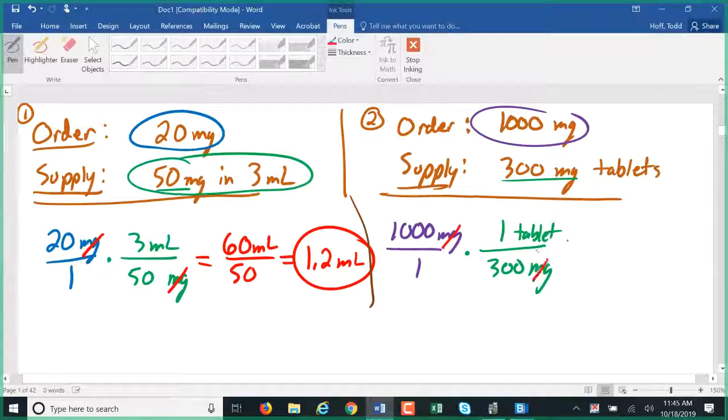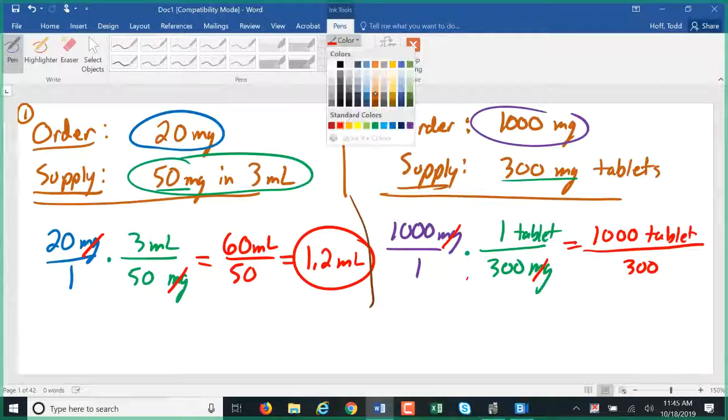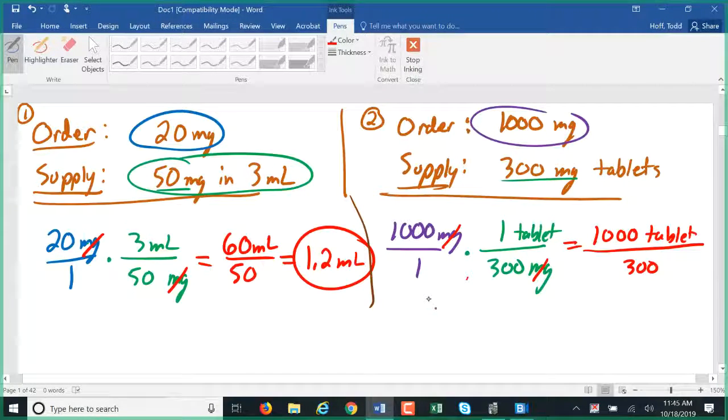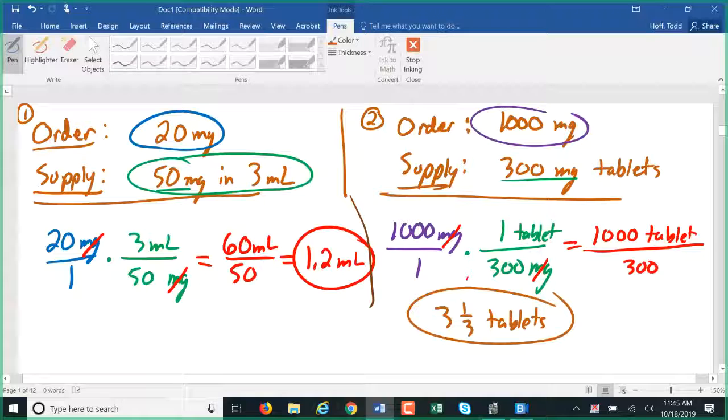So the milligrams cancel out. 1,000 times 1 tablet is 1,000 tablets. 1 times 300 is 300. We divide that out. 3 1/3 tablets.